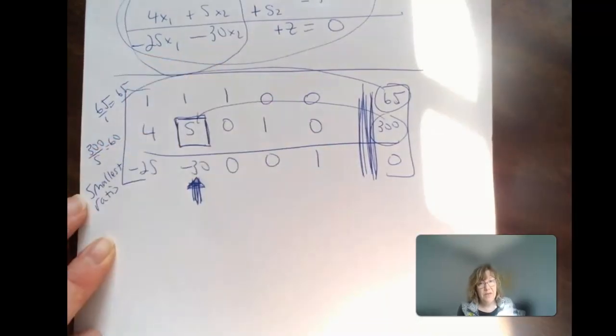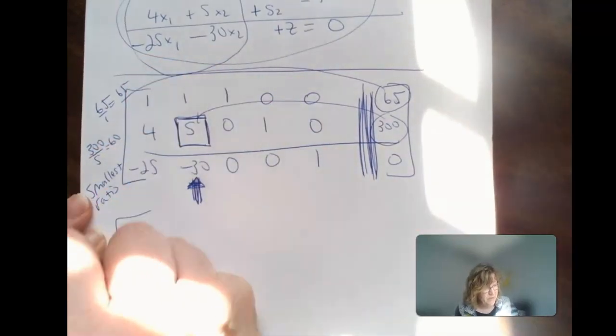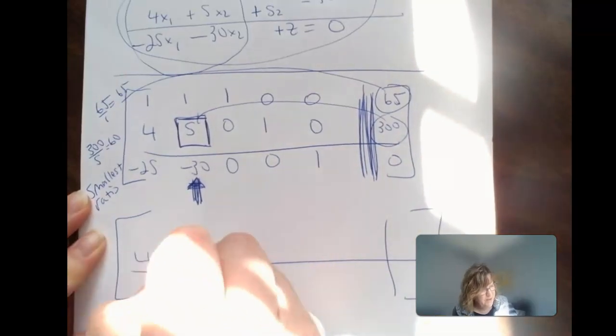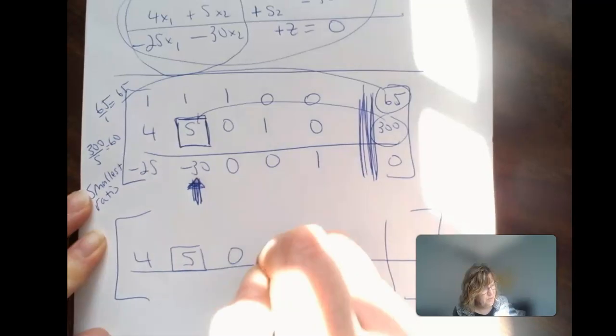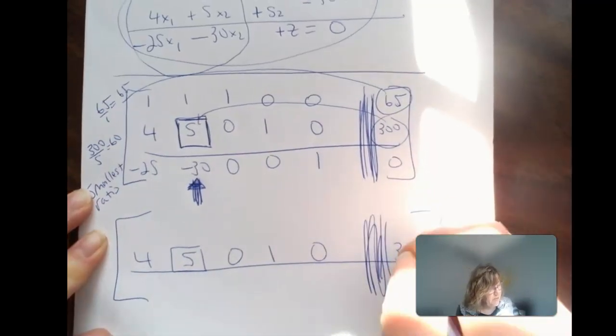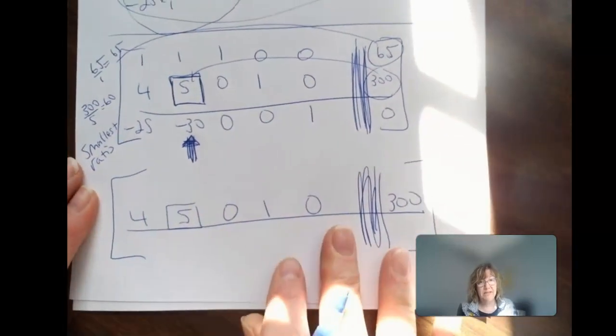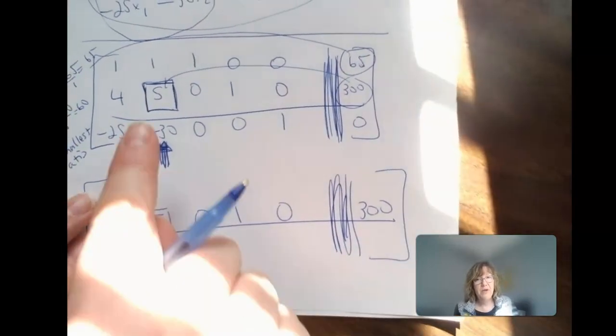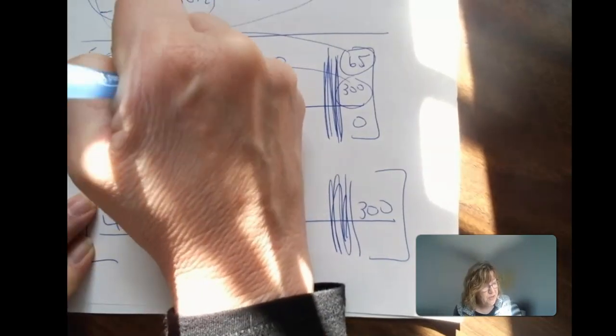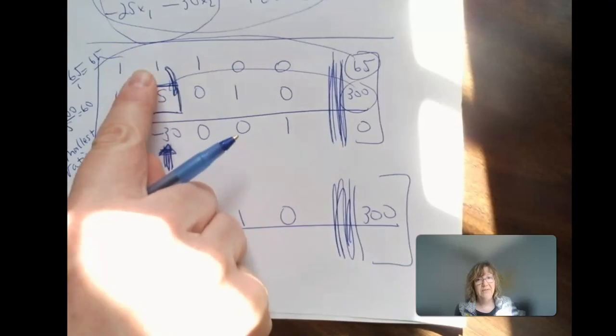Okay. So again, what does a pivot mean? Well, number one, your pivot row is permanent. So rewrite 4, 5. I'm going to put a box around it. 0, 1, 0, my big line, and then 300. That row is permanent, okay? But I want to get a 0 above and a 0 below. So I can do work on scratch paper, 5 and 1.